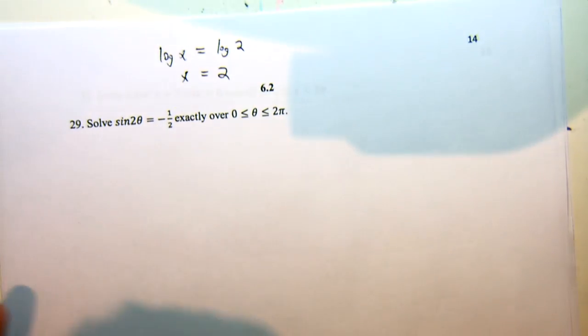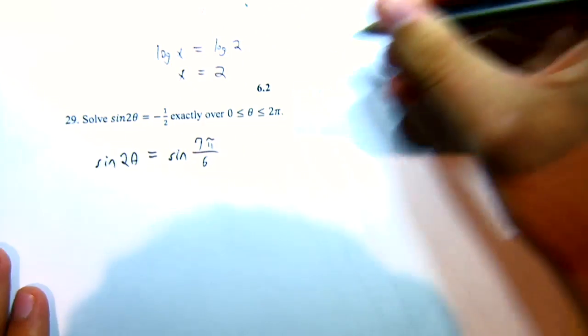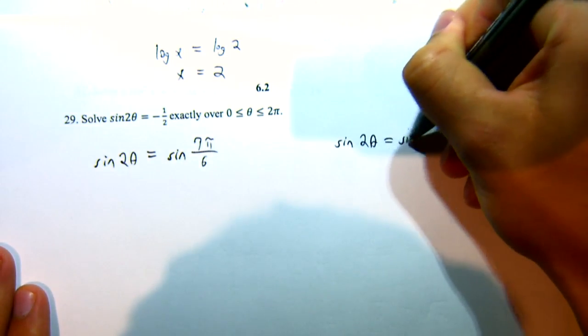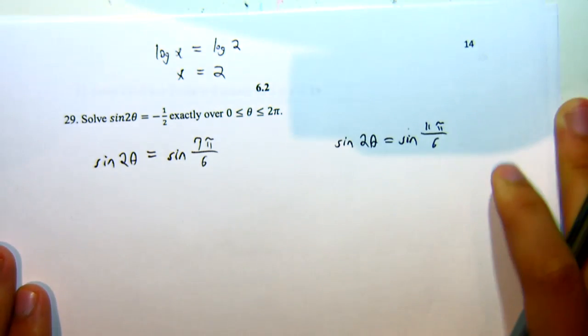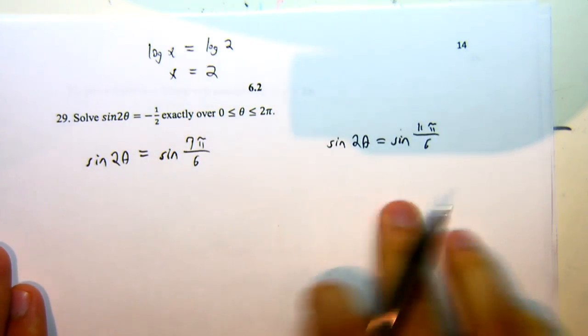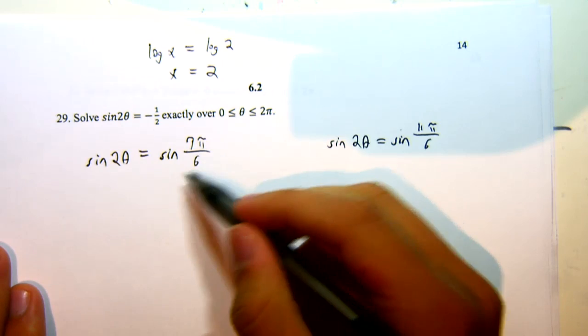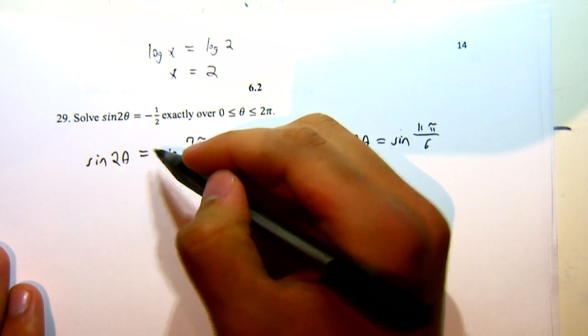Alright, so we have, does it make sense how we got to that step? Because essentially sine of 7 pi over 6 is equivalent to negative 1/2. So I basically used a substitution there. Same thing for here.